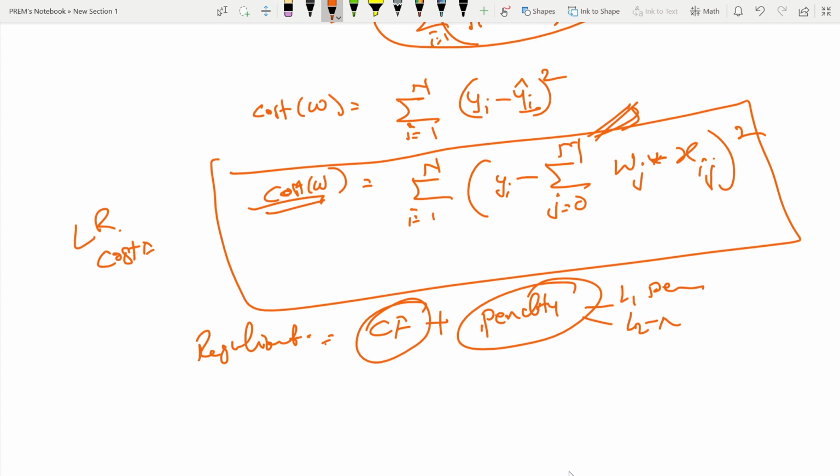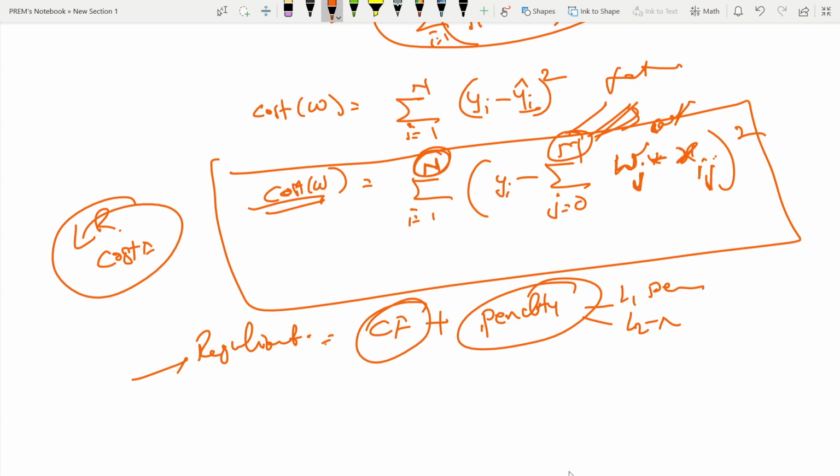Here n is the number of observations and m is the number of features. wj is the coefficient of feature j, and xij is the input feature for the ith observation, jth feature. You get this kind of cost function in linear regression. In the next lectures, I will explain regularizations like lasso, ridge and elastic net.